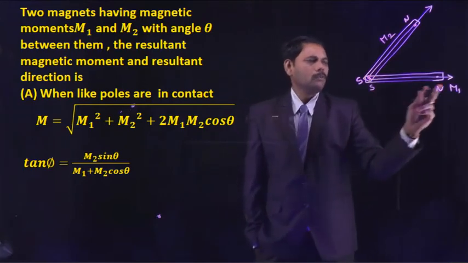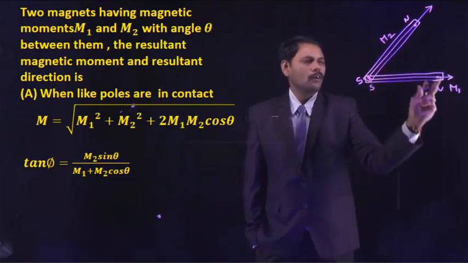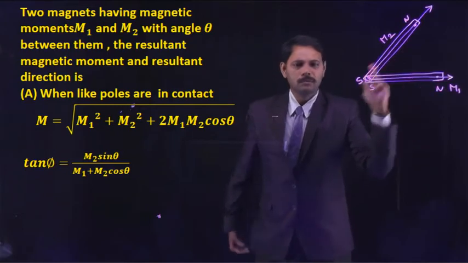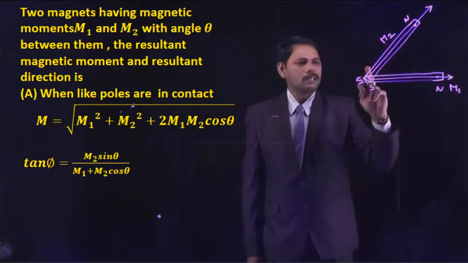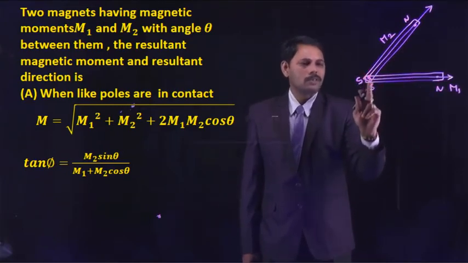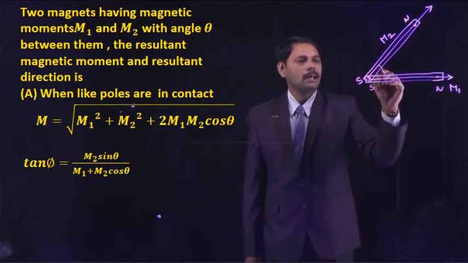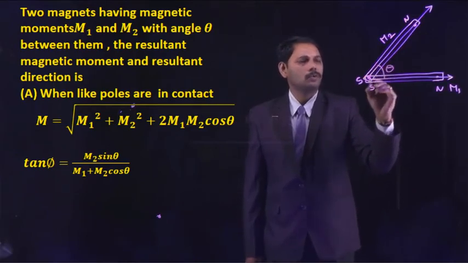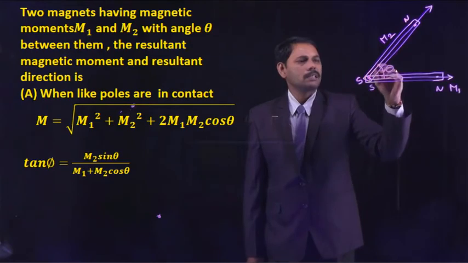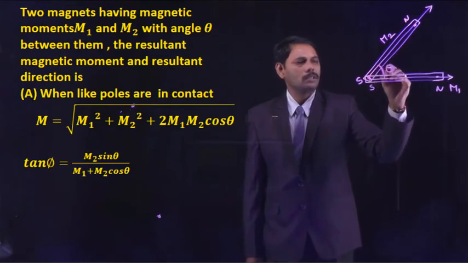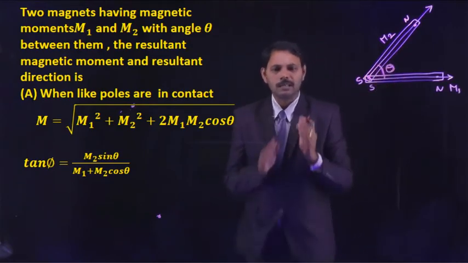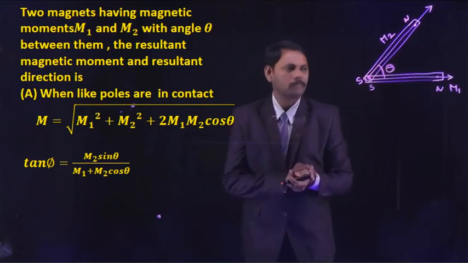So we have two magnets of magnetic moments m1 and m2 placed such that like poles touch each other and make an angle theta with each other, as shown in this diagram. Then what is the resultant magnetic moment?